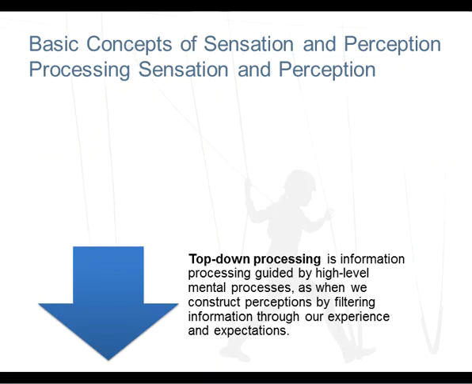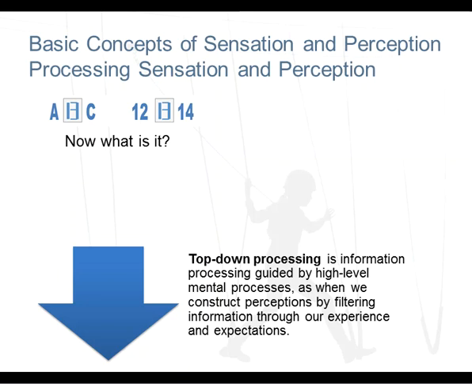And top-down processing, information is guided by high-level mental processes as we construct our perceptions by filtering the information through our past experiences and what we expect. So let's look at this example. Now look at it. So we have two columns here. One represents A, then the image we showed earlier, and then C. Well, obviously, that image that we saw earlier now is a B. So it's A, B, and C. But we also have the ones over to the next column.